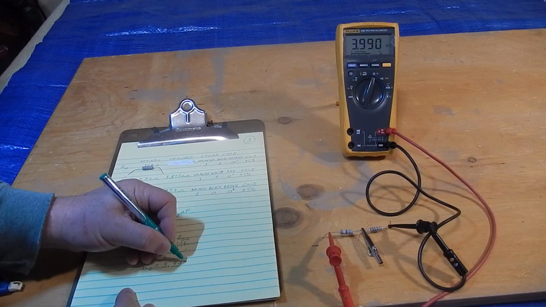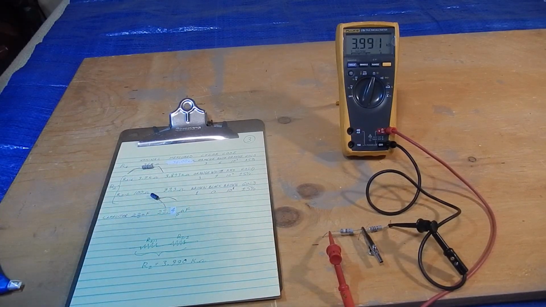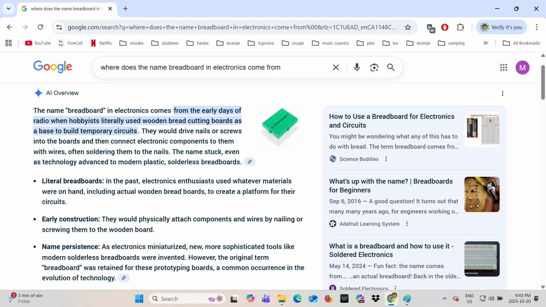Hey Heiko, where does the name breadboard in electronics come from? Google babe, please read the text. The name breadboard in electronics comes from the early days of radio when hobbyists literally used wooden bread cutting boards as a base to build temporary circuits. They would drive nails or screws into the boards and then connect electronic components to them with wires, often soldering them to the nails. The name stuck, even as technology advanced to modern plastic, solderless breadboards. Literal breadboards.